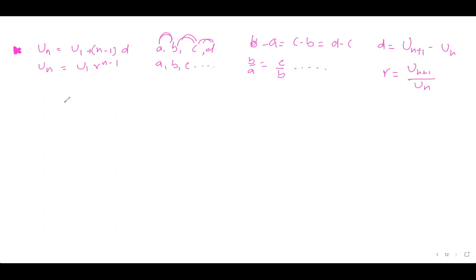Now, I'm going to take a starter problem here. Let's say the third, fourth, and seventh terms of an arithmetic sequence are the first three terms of a geometric sequence.